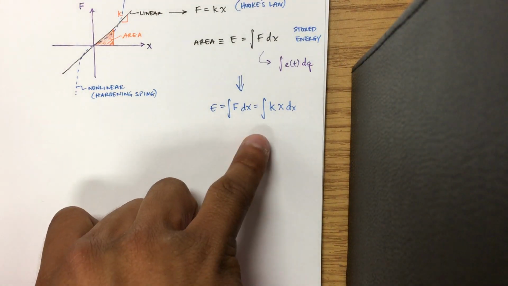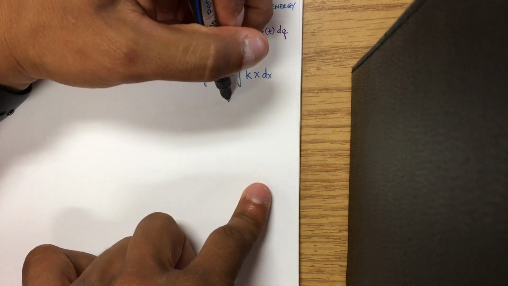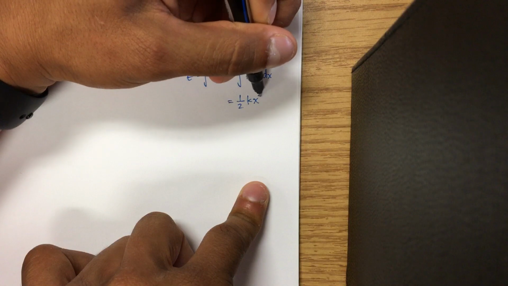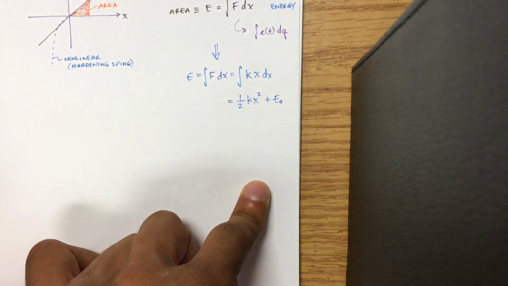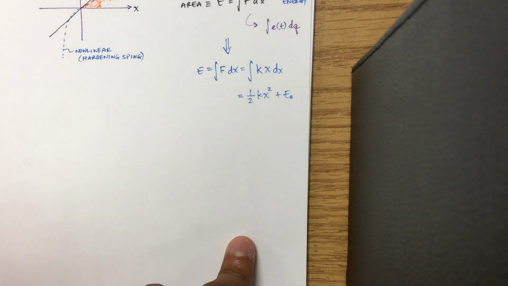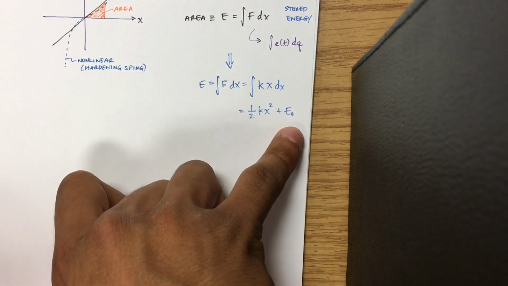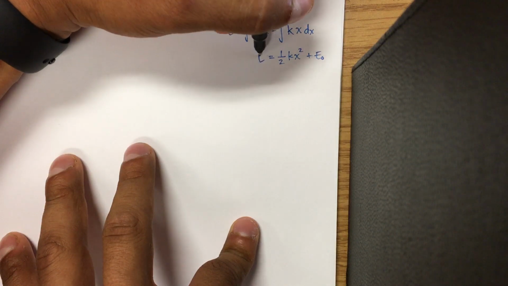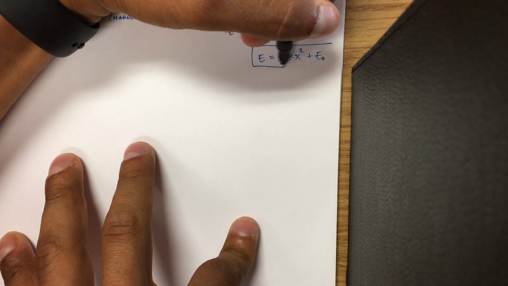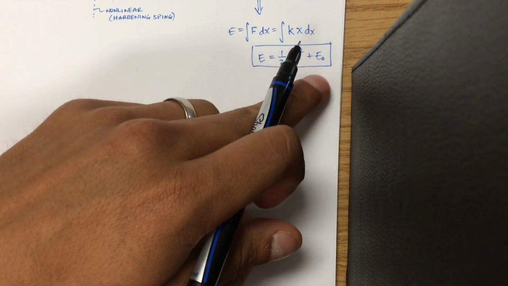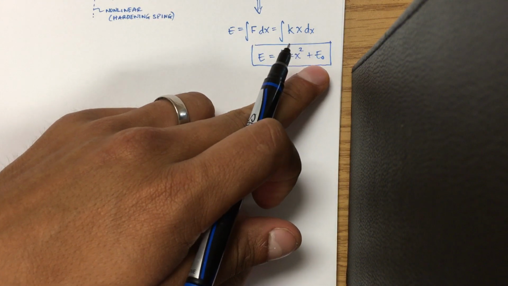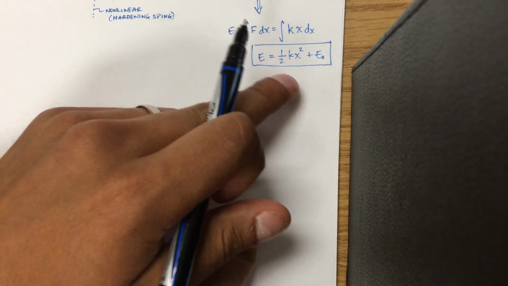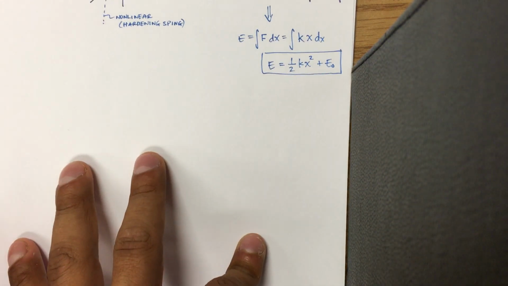If we complete this indefinite integration, we're left with 1/2 k x squared, plus some amount of initial energy, E naught. In some cases this could be 0, but if we have some residual energy stored in the spring, then we can add it to the energy calculation here.